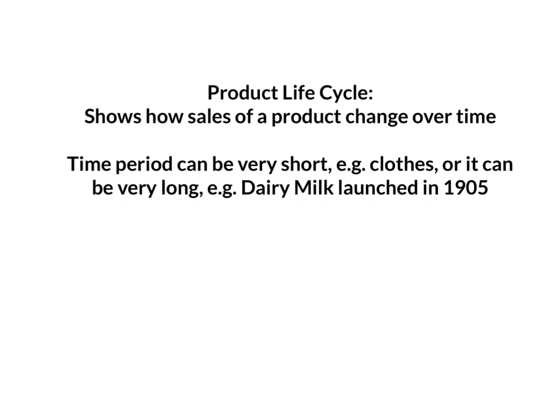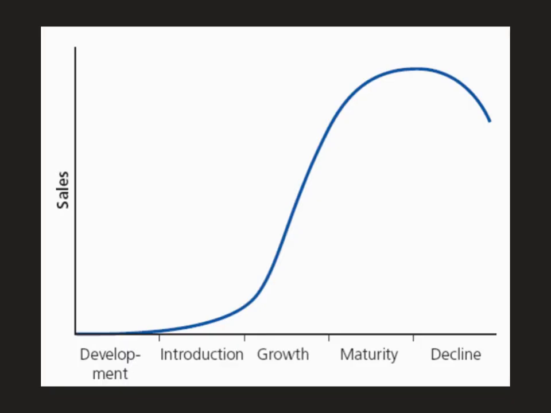So the all important thing with this is this diagram. As you can see, there are 5 key parts of the product life cycle, and they're labeled along the horizontal axis on this diagram. And then the vertical axis, like I said earlier, is showing you the sales of the product.